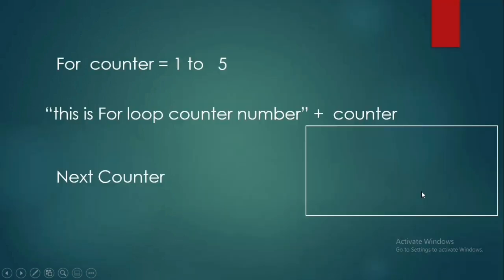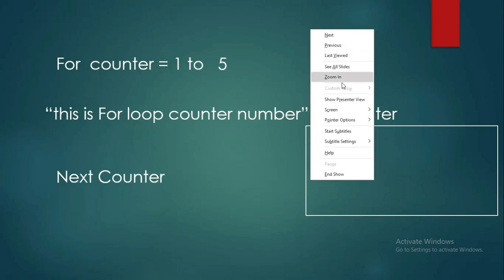This is how the for loop looks. The for loop is also called a counter loop, because we always know the number of repetitions. We know how many times we want to run a particular statement or instruction.